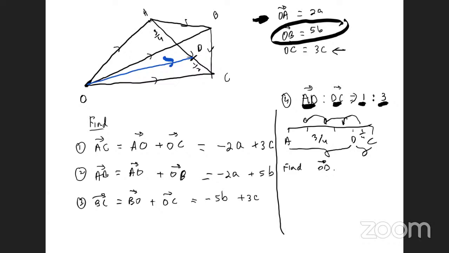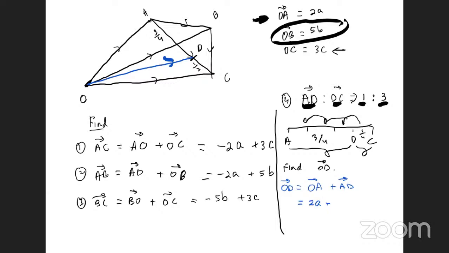Good job, Aliyah. And Aliyah worked it out already. Aliyah said that OD is O to A plus A to D. And we know O to A already, same question. O to A is 2A.